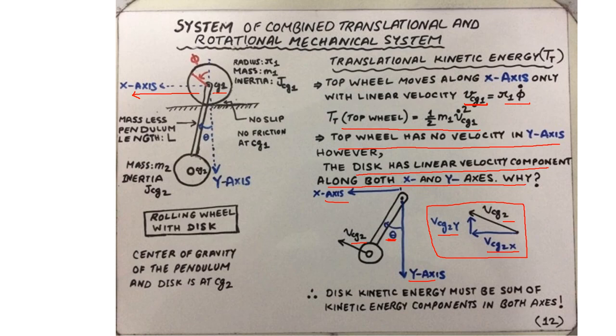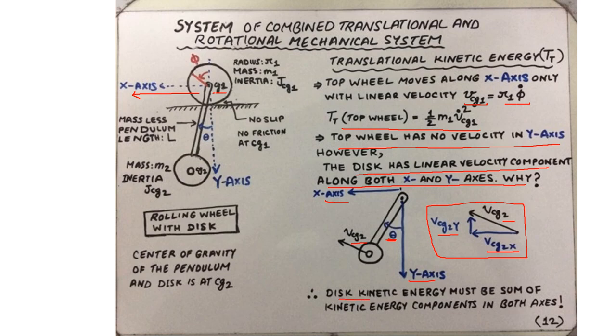So this shows the importance of defining an appropriate axis system before setting up Lagrange's equation. Without the axes, you couldn't have realized that the disk has a linear velocity that needs to be decomposed along the axis systems, the x-axis and y-axis.